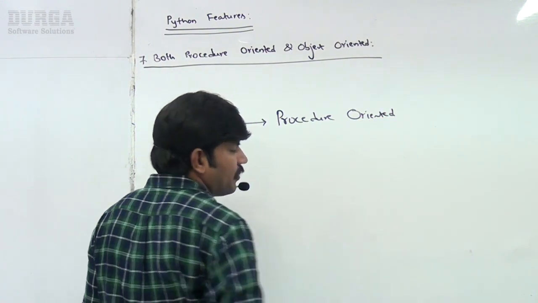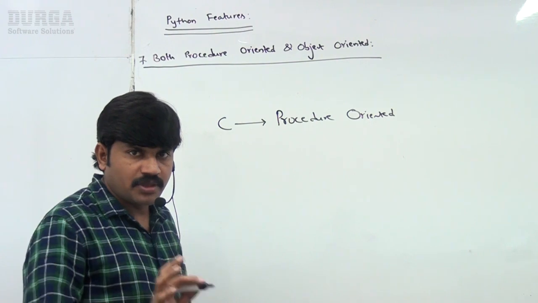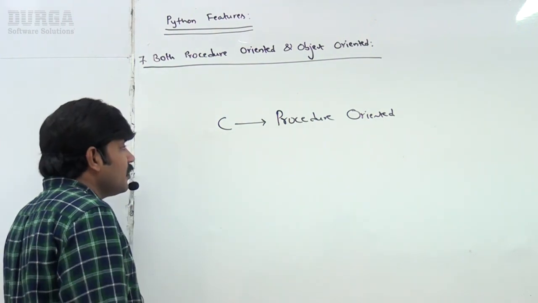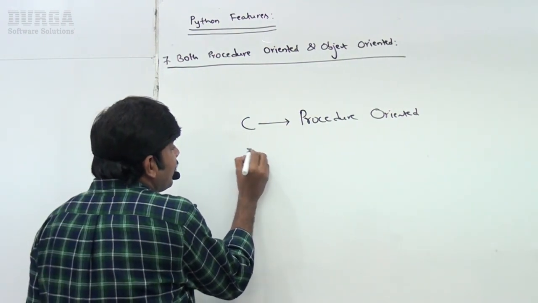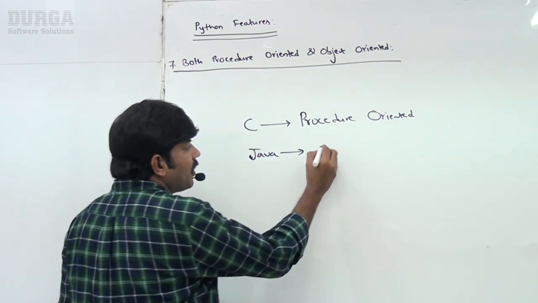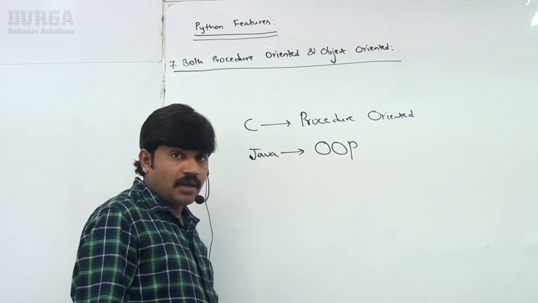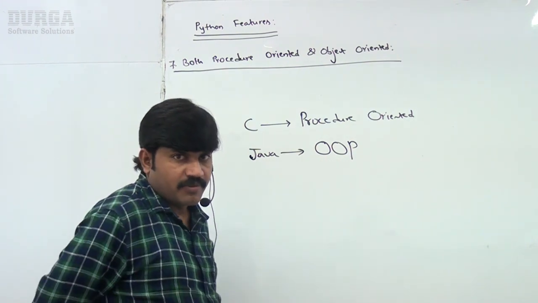Okay, don't worry, sir. Maybe in the next sessions, if required, I will explain the meaning of procedure oriented. Next, if I ask Java, which type of programming language are you? Immediately the Java person is going to tell, I am an object oriented programming language.